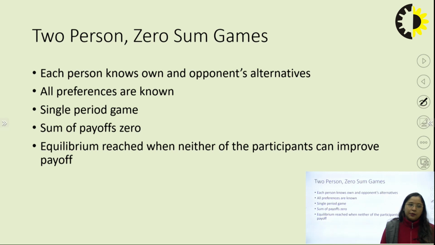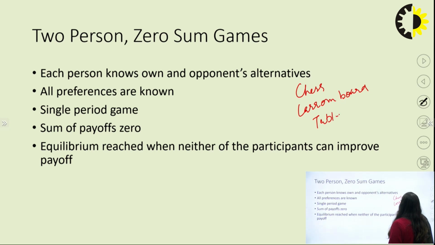There are many types of game. For example, this is a two-person game. In a two-person game, each person knows their own and the opponent's alternatives, for example chess, carom board, table tennis. So here we have two players and we know each and every player.